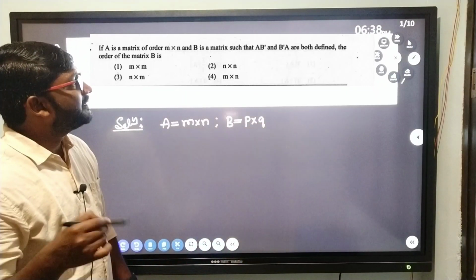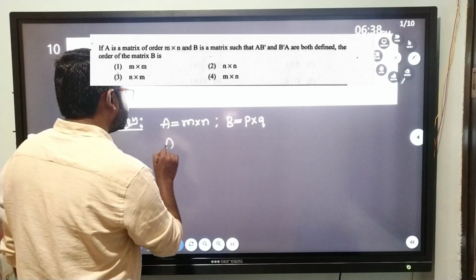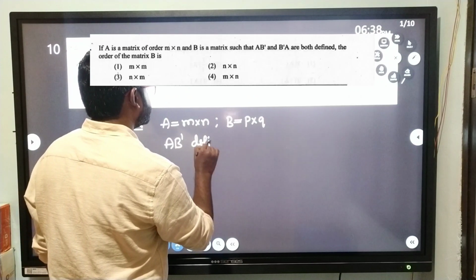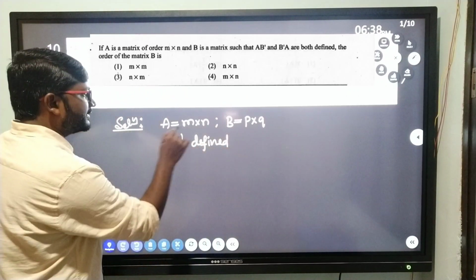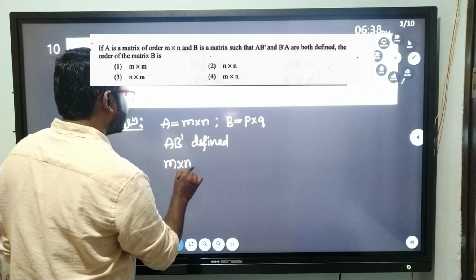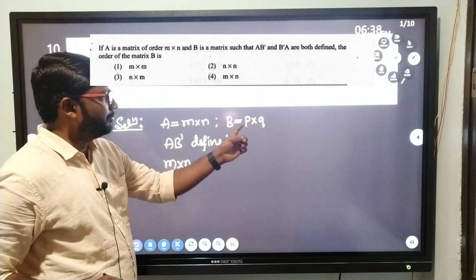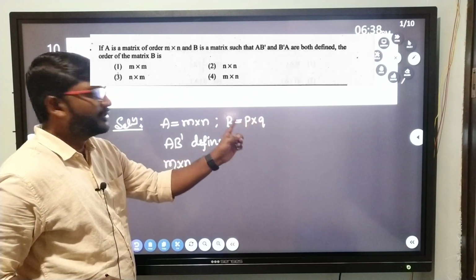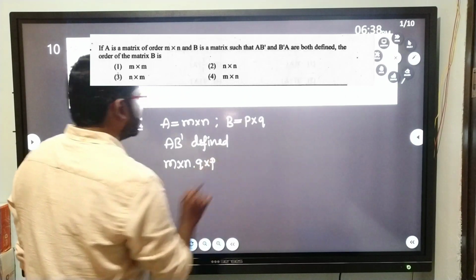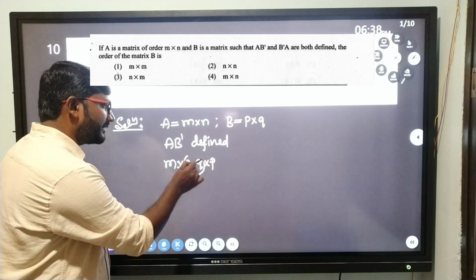Then AB dash and B dash A are both defined. So AB dash is defined means I'll take the order of the matrix A, it is m by n, into B dash means Q cross P. B order is P cross Q, B dash means Q cross P. So AB dash is defined means these two must be same.